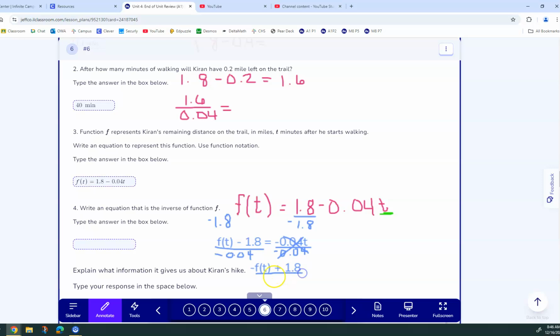So all we did was get the t all by itself.